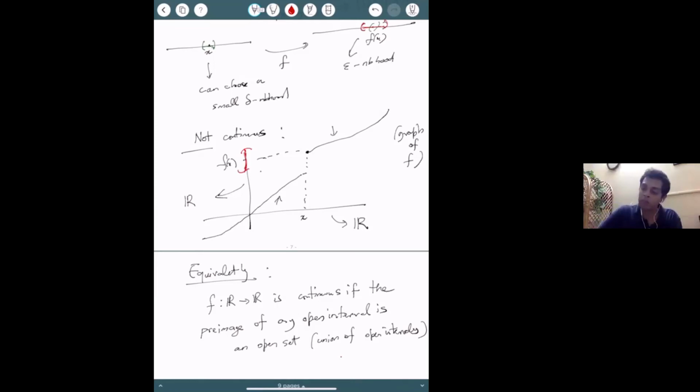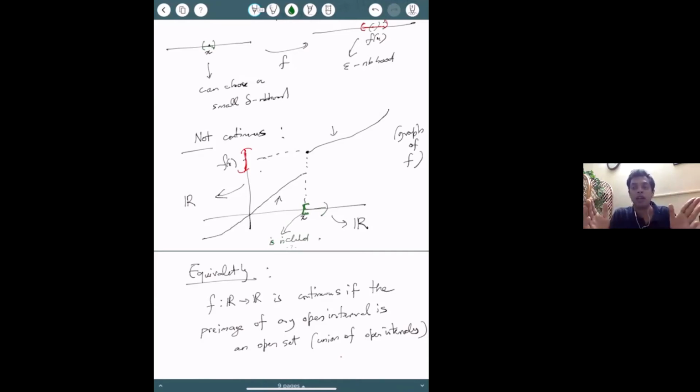So when you take this pre-image, what you would get on the domain R is a semi-closed interval. It's something that looks like this, right? This point x is included, right? It's no longer an open set. It's not an open interval, neither is it a union of open intervals.